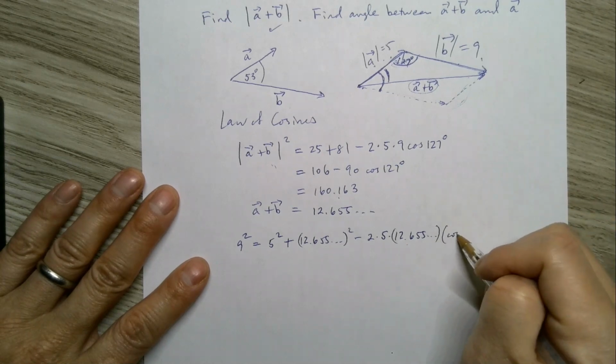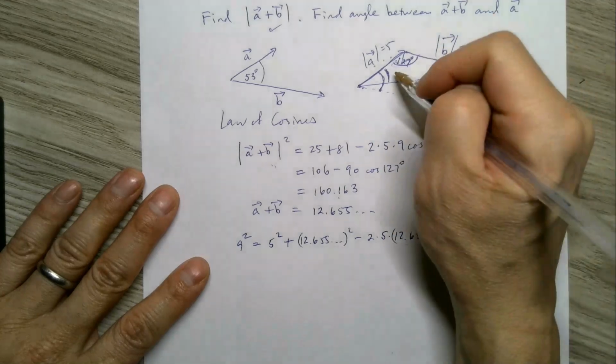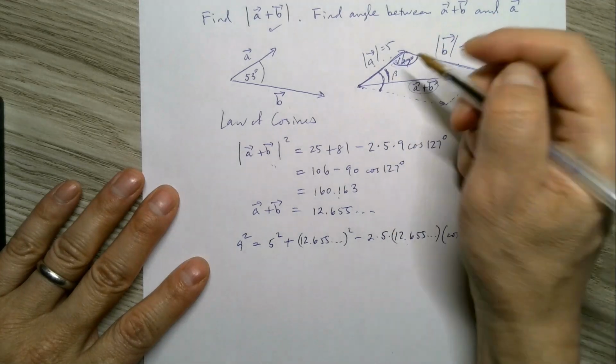Times cosine of this angle, I'll just call this angle beta, so cosine of beta.